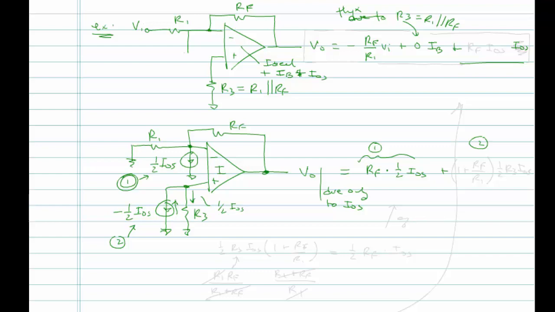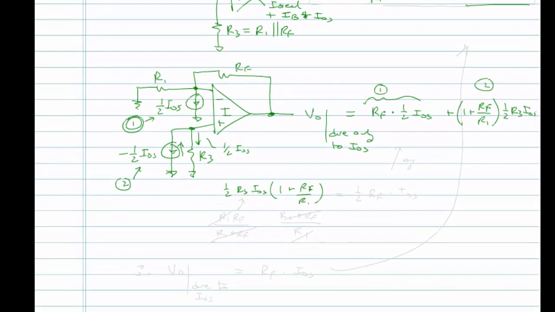So the voltage I have here is 1/2 R3 IOS going into a non-inverting amplifier. Right? So we'll have RF over R1. So go ahead and write that. 1 plus RF over R1 times 1/2 R3 times IOS.